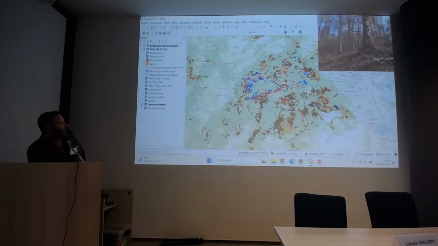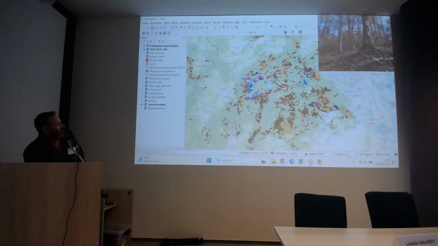Okay, and this one, the Bükk National Park, which I've shown previously, has the most old patches. I don't know actually what the historical background is. I was looking and checking all the texts, but most probably the former ownership structure is a kind of explanation.